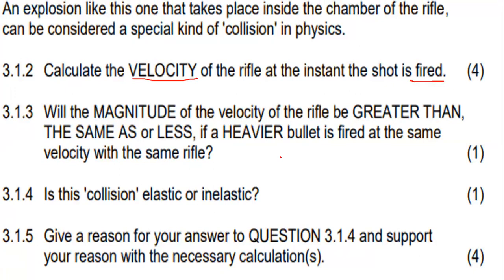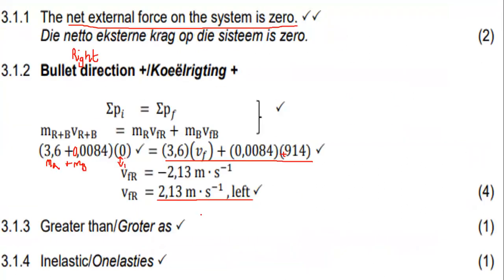When the bullet is being fired, it will exert a greater force to the left on the rifle. So the force acting to the left on the rifle is going to be greater. And when it becomes greater, the velocity with which the rifle is going to recoil, meaning the velocity with which it will move to the left, is also going to be greater. So our answer there must be greater than.